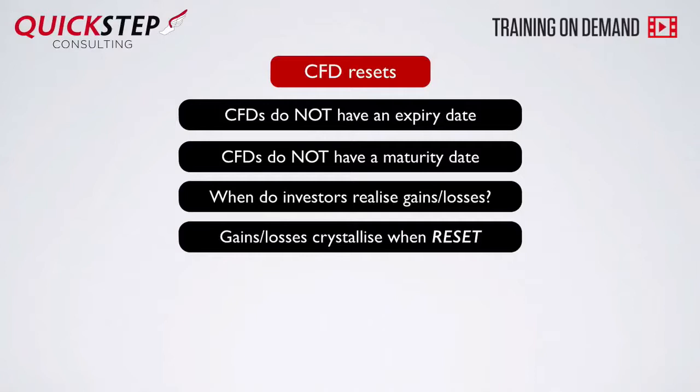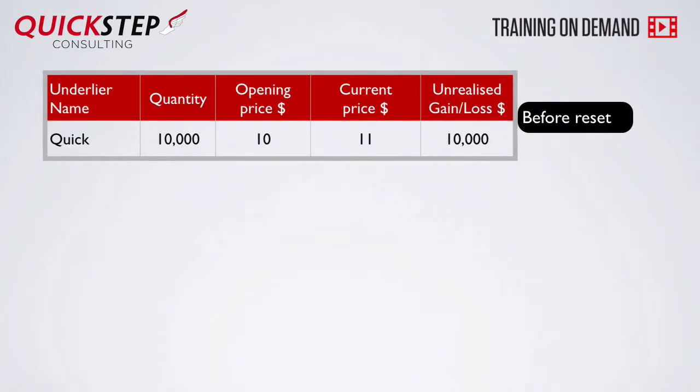Let's reconsider the long position of Quick CFDs. This time, the counterparties have an agreement to reset the position on a weekly basis. Let's see what happens. To recap, the fund bought 10,000 CFDs at €10 and held them for 10 days. At the end of day 7, the equity market price is €11, so the CFD position is valued at €11.